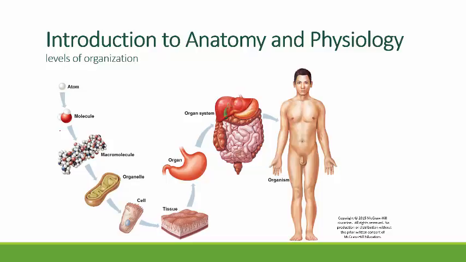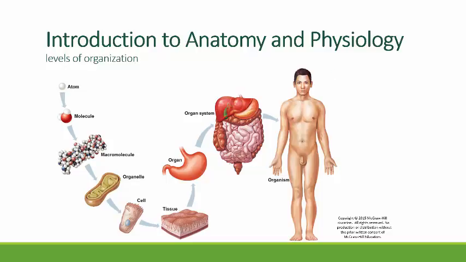So we work our way to less and less complex by starting first with the organism. So a human is composed of a large number of organ systems that all work interdependently to maintain the living body.